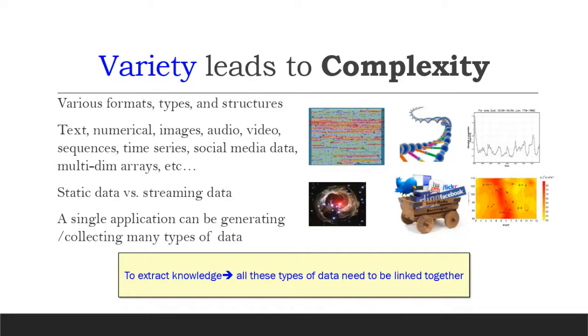With the various formats, all this data needs to be linked in order for us to extract knowledge from it. So one needs to understand the pertinent algorithms that can link this data, and then the querying that is done in order to extract knowledge out of this big data.